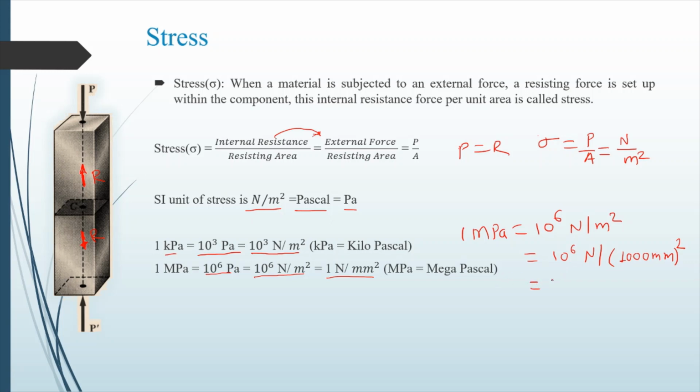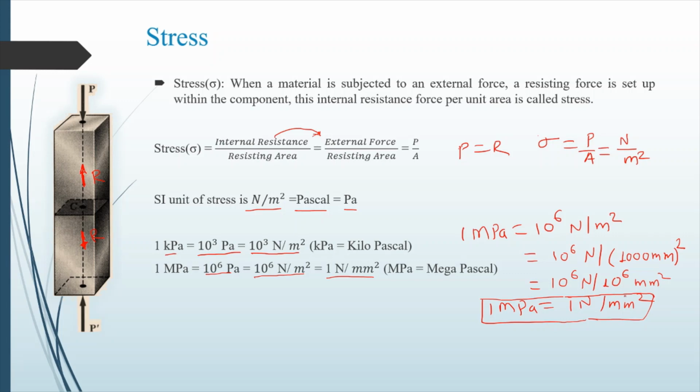If you make the square of 1000, it will be equal to 10 raised to 3, squared means 10 raised to 6, mm square. So this 10 raised to 6 and this 10 raised to 6 will get cancelled. So we'll have 1 Newton per mm square, which is equal to 1 megapascal. This is the calculation behind that relation. Many of you don't know this calculation. Don't mug up the values, try to calculate, it will be easy.